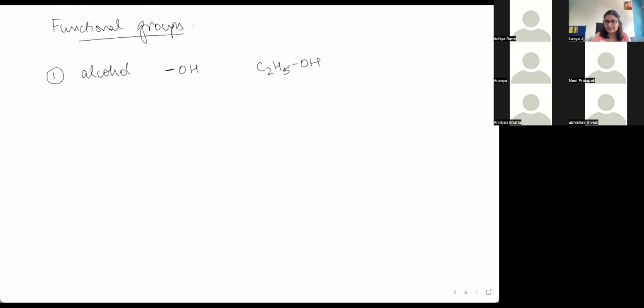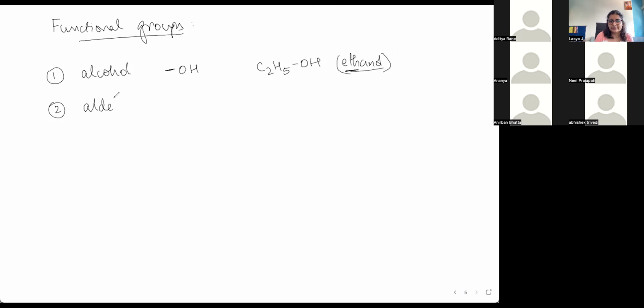Remove one hydrogen from it, so this has become C2H5. In its place put OH over here. Its name is ethanol. You don't have naming of functional groups? In case, the same pattern will follow. Eth for 2 carbon atoms, just that because it is alcohol, the end becomes OL.